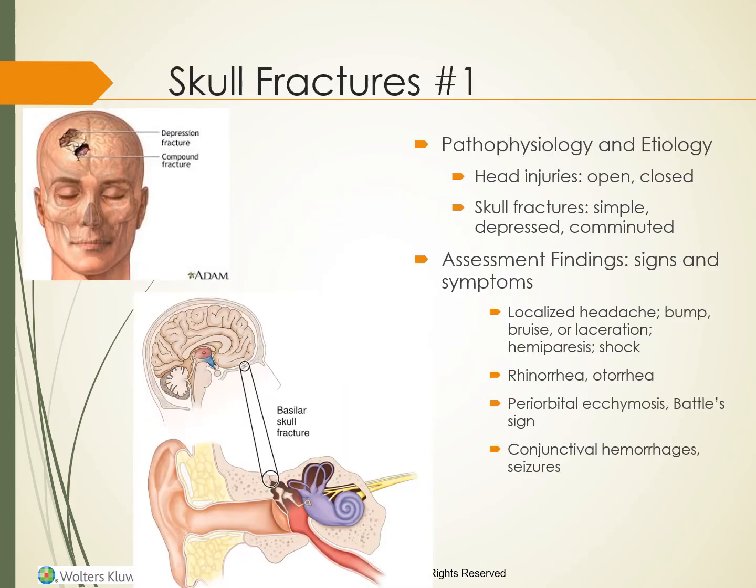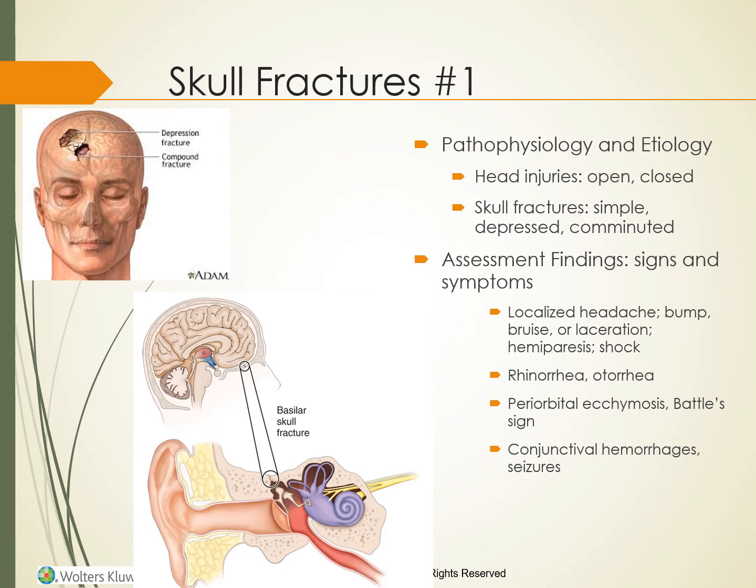Alrighty, so let's go over skull fractures. A skull fracture is a break in the continuity of the cranium. So the most common types of skull fractures are simple, depressed, or comminuted fractures. So a skull fracture will result from a blow to the head.